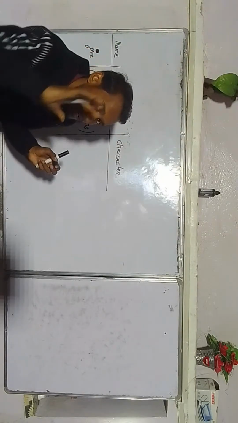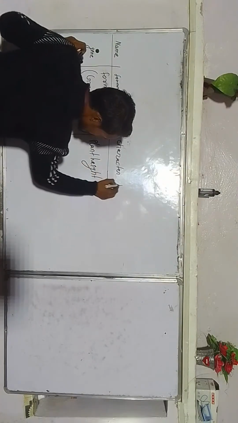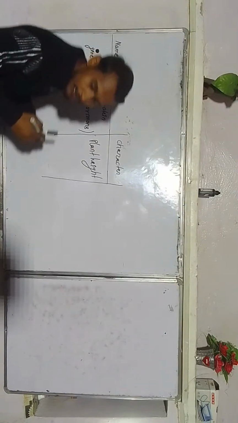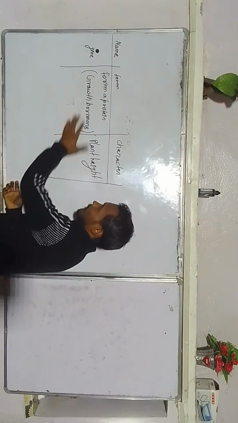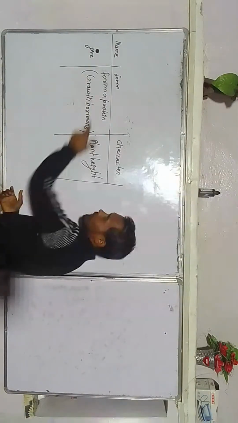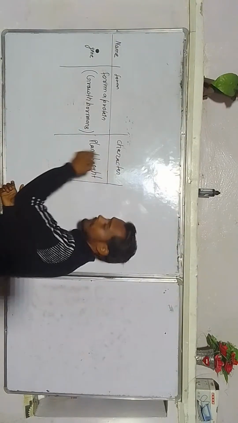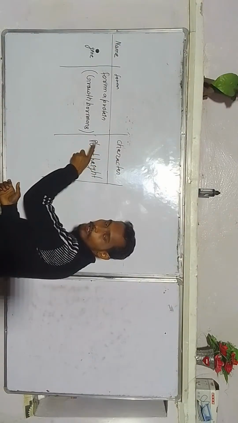Just only one character, plant height. This protein is controlling a character in the plant, and it is called plant height. Okay, you got it.